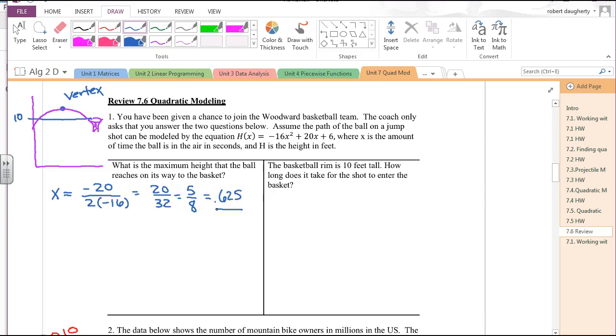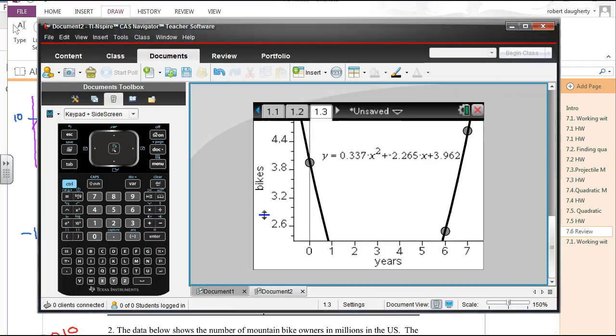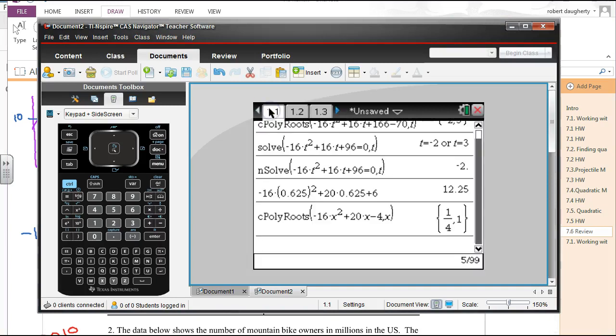That's how much time it takes my ball to reach the apex or its maximum. They didn't ask me the time, they wanted the maximum height of my jump shot. So that's going to be negative 16 times 0.625 squared plus 20 times 0.625 plus 6. And this is a job for my calculator. So let's go ahead and do that.